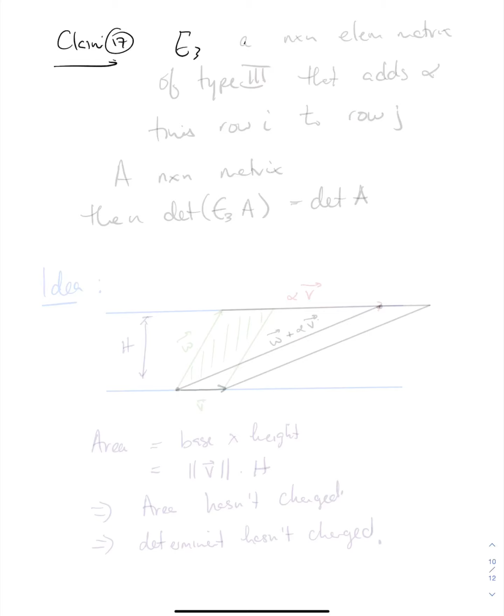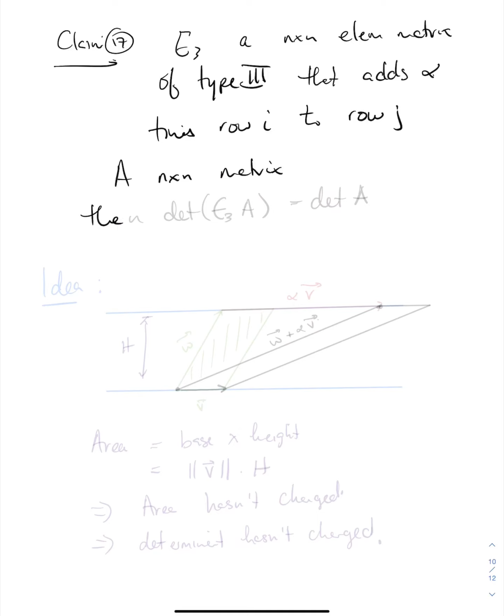If E3 is an n by n elementary matrix of type 3, that adds some scalar times row i to row j, and A is some other n by n matrix, then multiplication by E3 does not change the determinant. Here's the idea. Let's set this up.